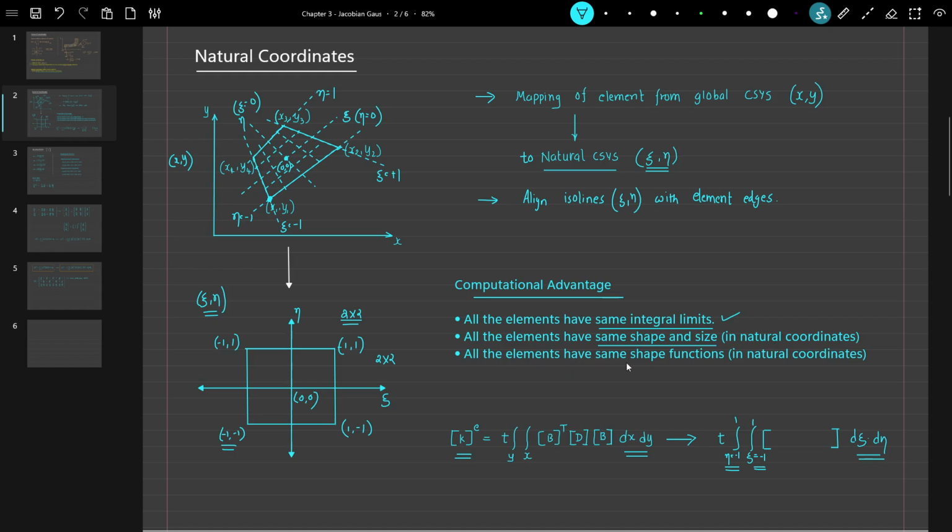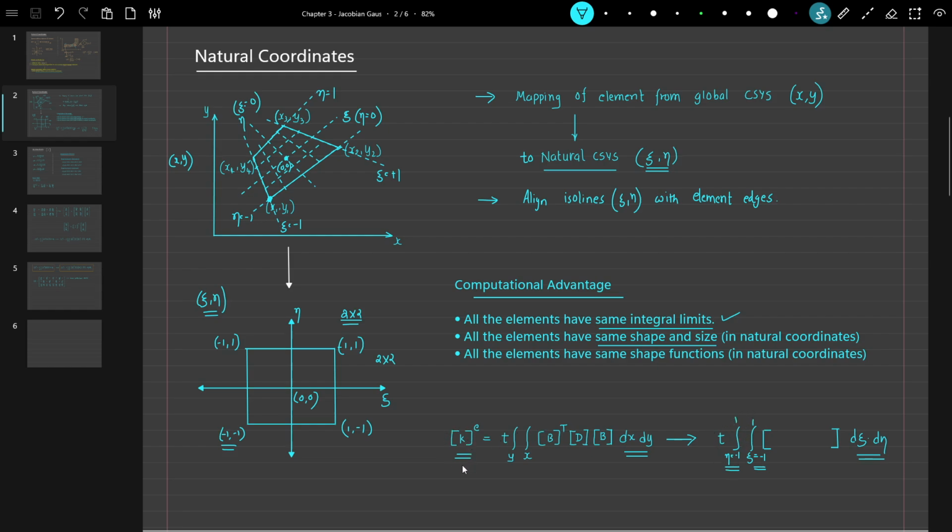Similarly, all the elements have the same shape functions. Okay, so this we will see in the next slide. So our objective is achieved, that now we are able to easily determine the double integral limits. Okay? That is zeta equal to -1 to 1 and eta equal to -1 to 1.